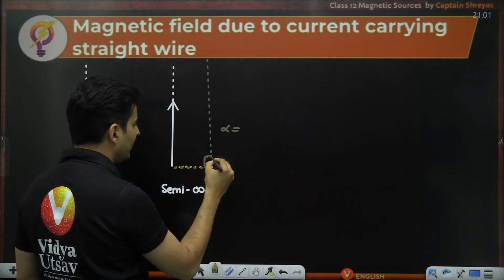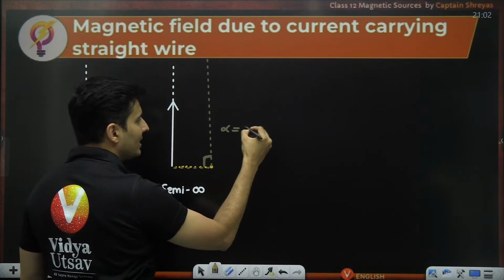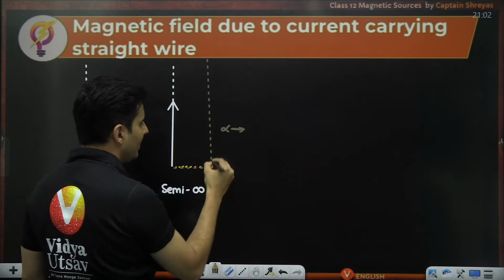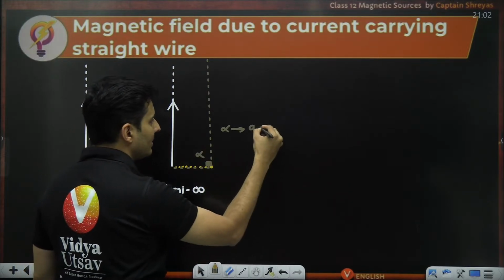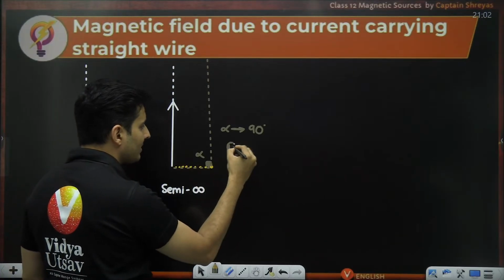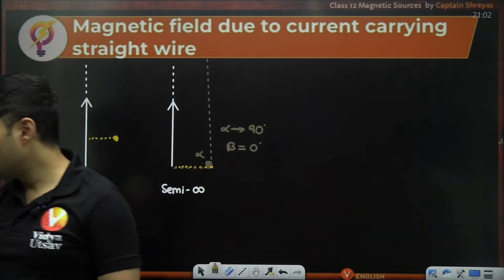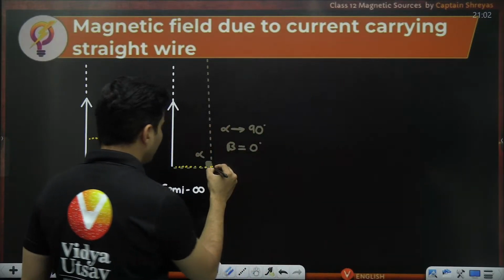Alpha is this entire thing with the perpendicular, which is nothing but 90 degrees. Can you see that? So alpha will be 90 degrees, but the other end with the perpendicular makes nothing, so beta is 0 degrees. So what will be the magnetic field at this particular point?